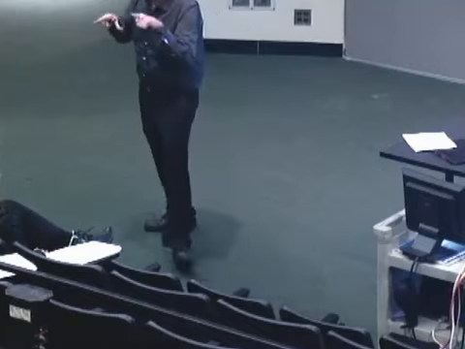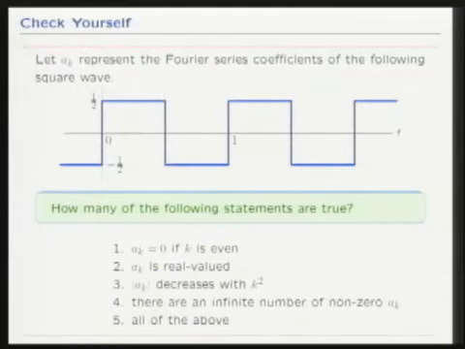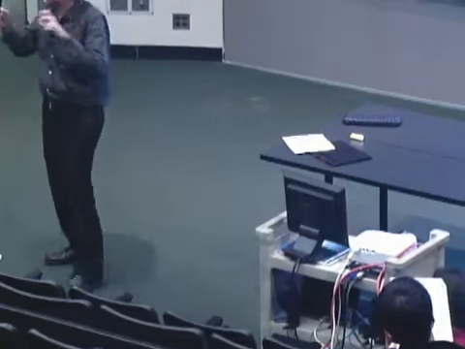So the strategy then is assume that all works. That is to say, let's take an ugly signal of the type that caused controversy back in the mid-1800s. Let's take a controversial signal like a square wave, assume it all works, and figure out what the a sub k's would have had to be, and then we'll figure out whether that made any sense.